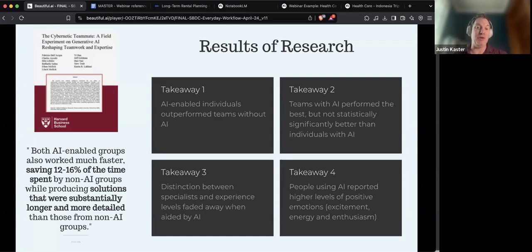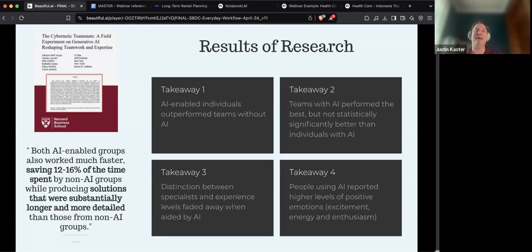The third and fourth takeaways that I thought were worthwhile to mention today: when we bring together cross-functional teams to work on a project, people are often bringing their own specialties and perspectives and focused on that, especially in the product development cycle, which I'm familiar with. But actually, that kind of fades away.